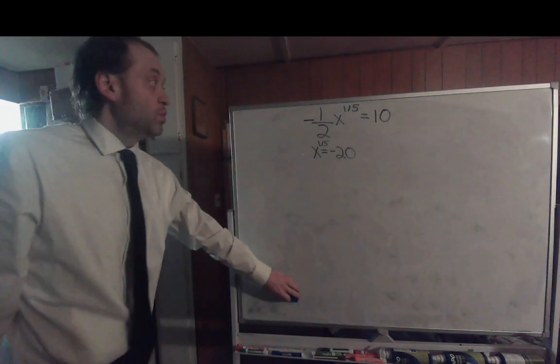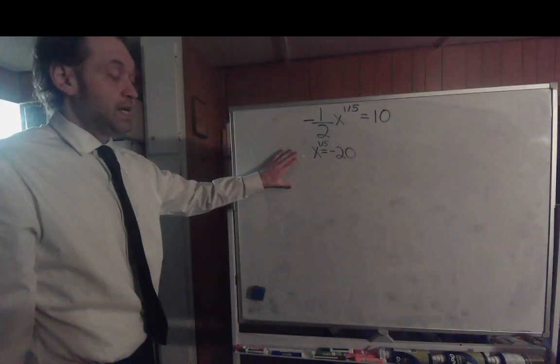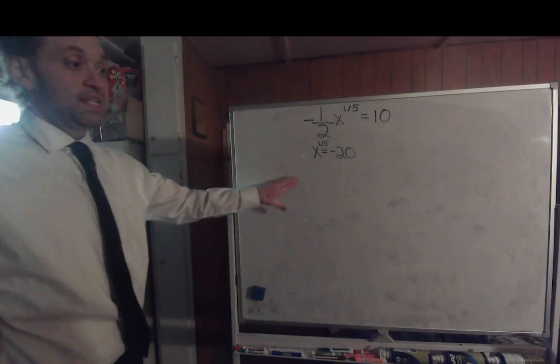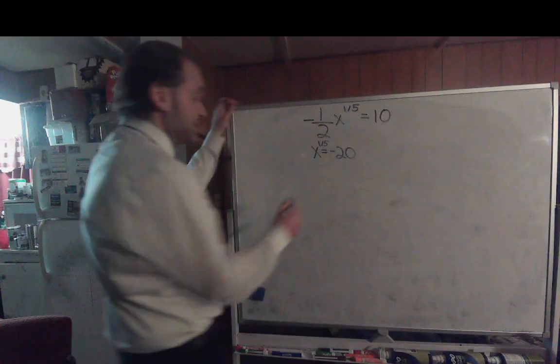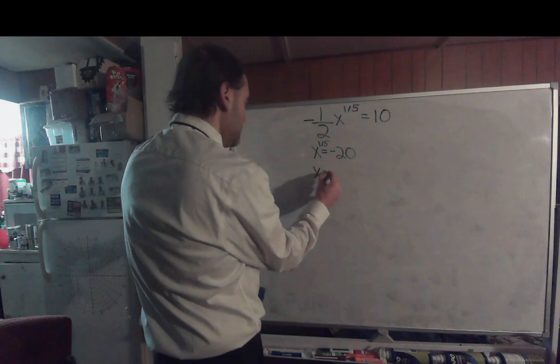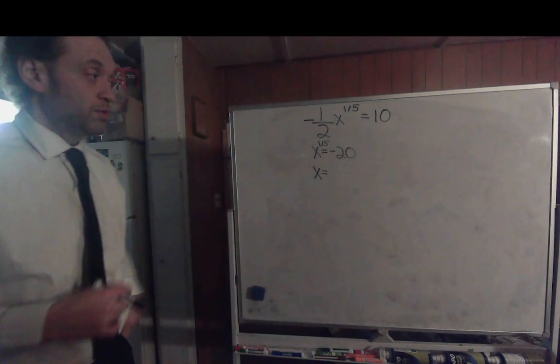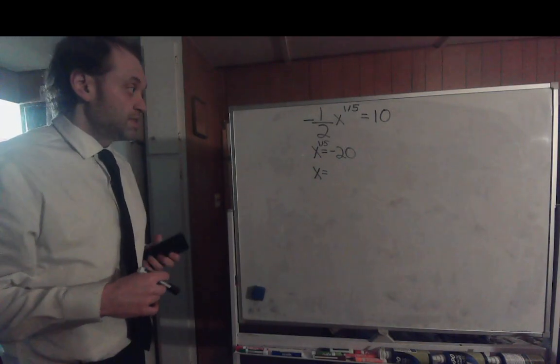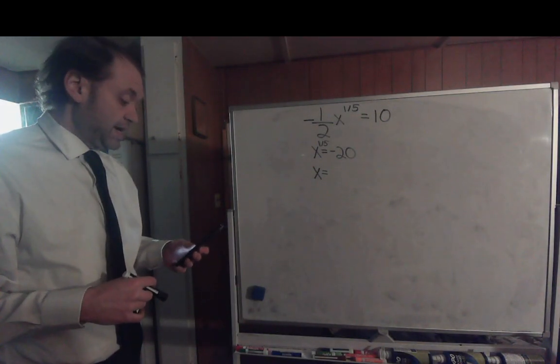Now we have to raise both sides to the 5th power to get x by itself. So x is going to equal a god-awful number. This is not going to be fun, I can tell you that.